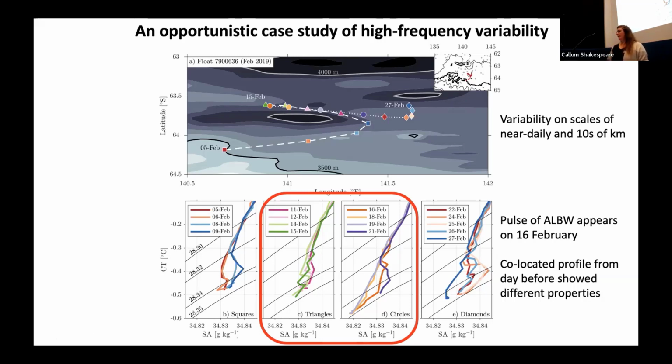A day later, on that orange circle, which is only tens of kilometers away, you can see a very big change in the abyssal properties. So we see almost a whole 1/10 of a degree decrease in temperature and about 0.01 decrease in salinity. And that stays around, or is sampled, for those 3 days, that orange, light orange and purpley color.